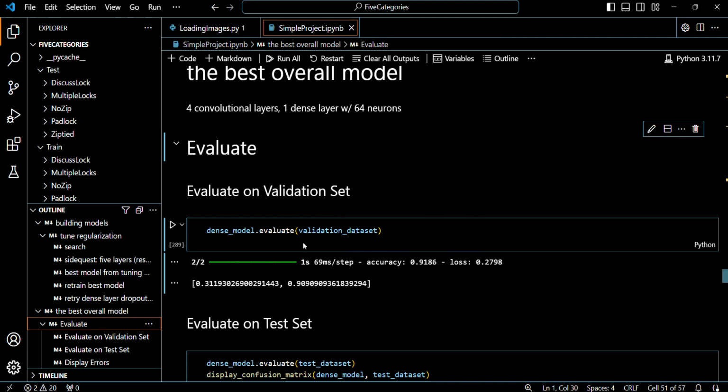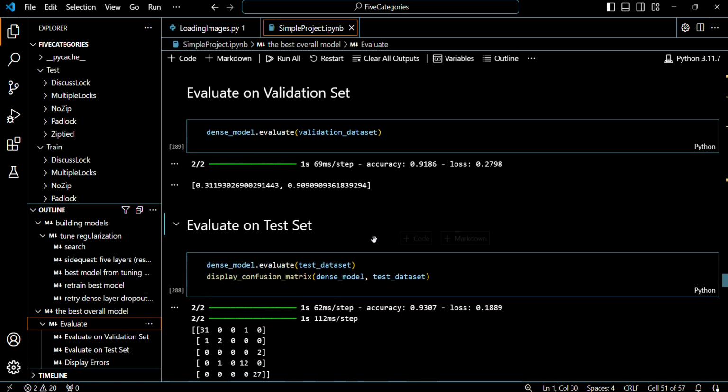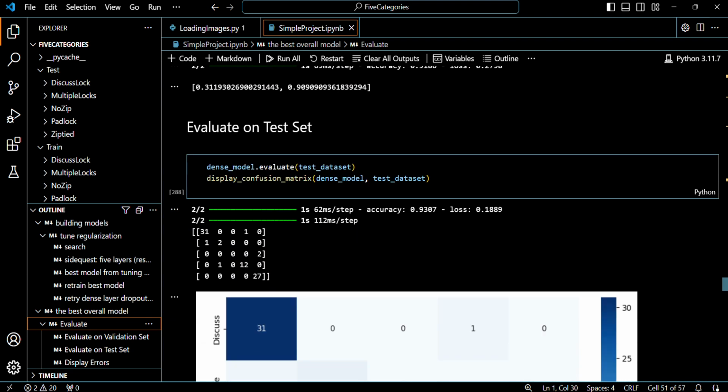We evaluate the model on the validation data set. It's 91%, 92% accuracy. Let's evaluate it on the test set.